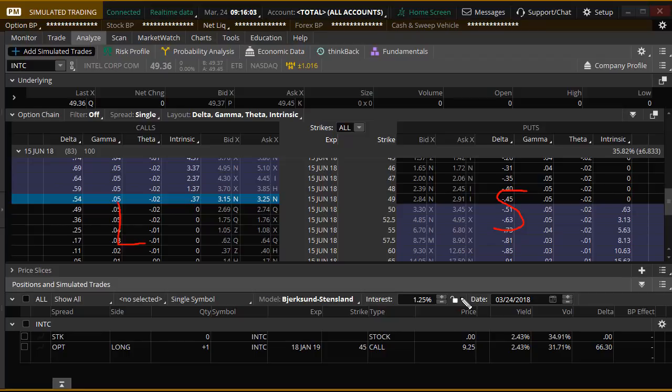But they don't quite get the relationship between the long and short side of the trade with respect to the stock itself. Essentially, what calls and puts have done is they've snapped the stock trade in half and made two pieces out of it.